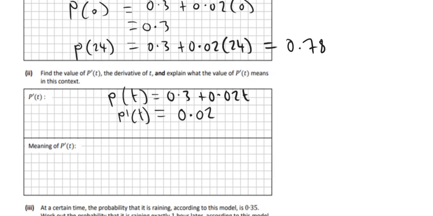And then they ask us for the meaning of P dash T. So it'll always be rate of something anyway when it's differentiating.